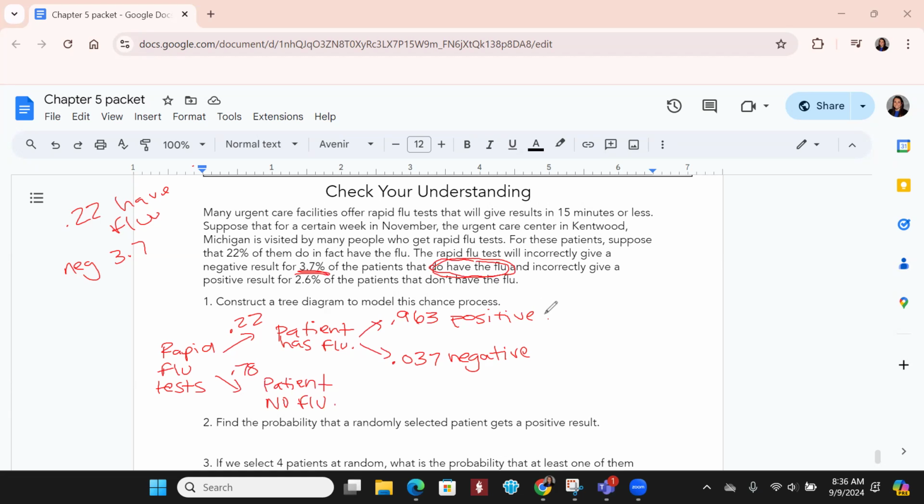So of the people who have the flu, 0.963 are positive. If we take those two things and multiply them together, we get 0.2119. If we take 0.22 and multiply by this 0.037, that's 0.0081.